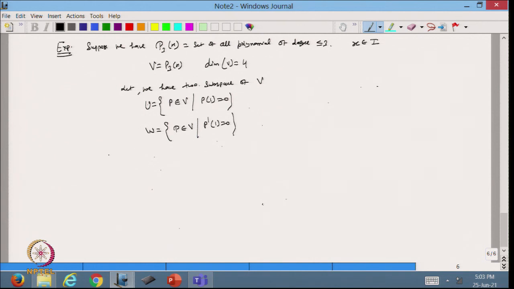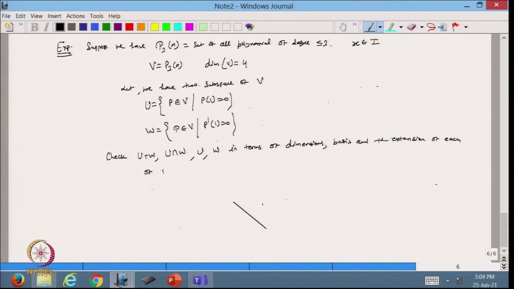Now, the question is, check U plus W, U intersection W, U and W in terms of dimension, basis, and the extension of each of these bases.